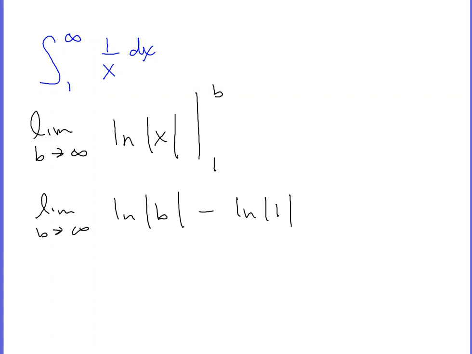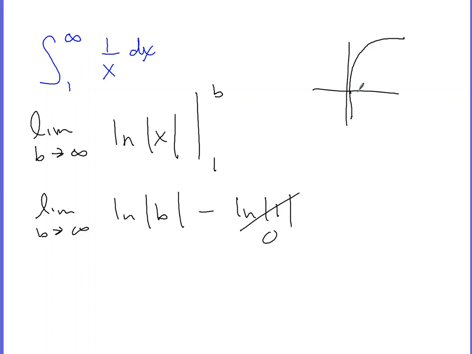So this is nice because ln of 1 is 0, if you recall what the graph of ln looks like. So ln of 1 is 0, so that's just going to go away. But what is the ln of infinity? So ln of b as b approaches infinity.